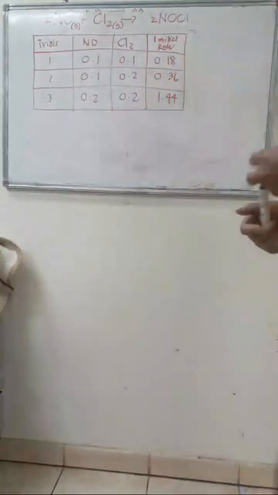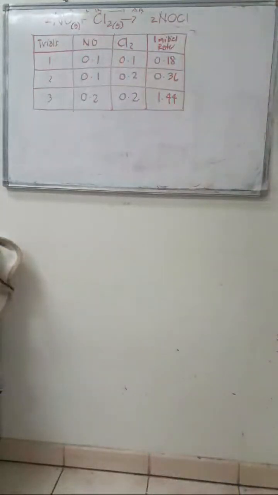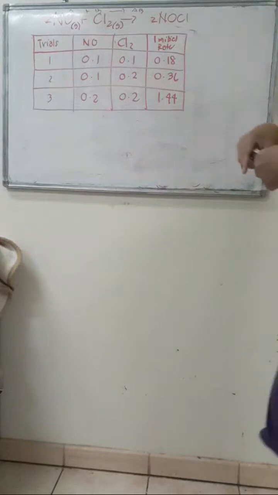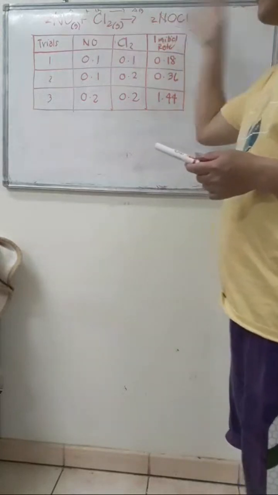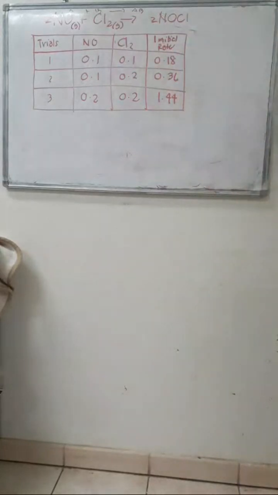Your technique in your product, guys: if there is a subscript, it will become the coefficient on the compound. That's the technique. You don't have to put that in the Cl2 because it looks like perfection. It's like NO plus Cl2 is equal to NOCl2. When you balance the chemical reaction, perfect, right?